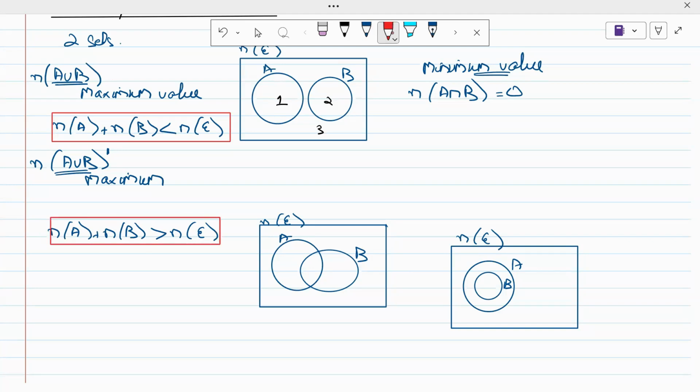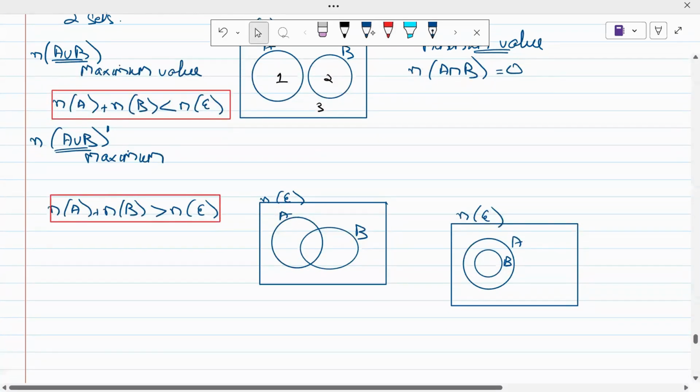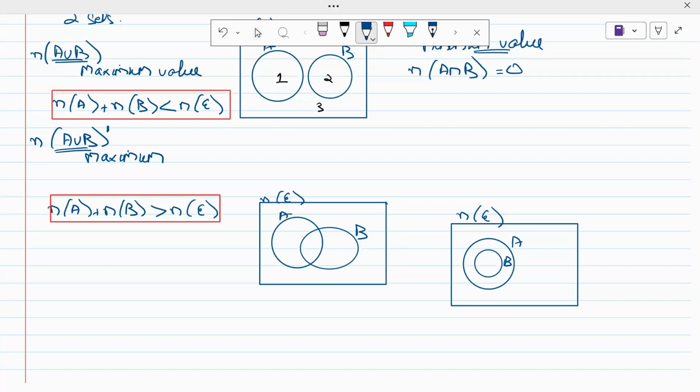And for this case, this approach is used when you have to find the minimum value of intersection, so N of A intersection B is minimum in this case.